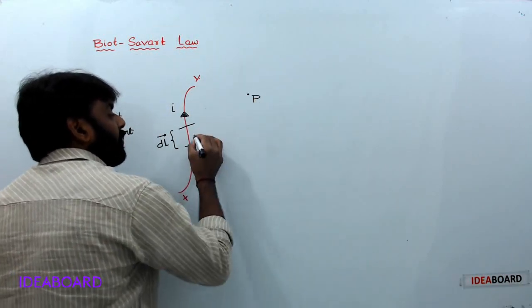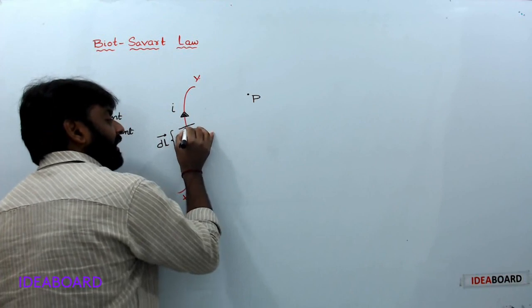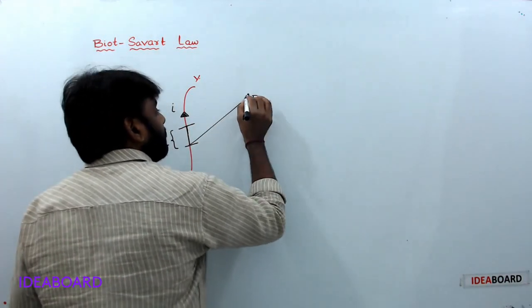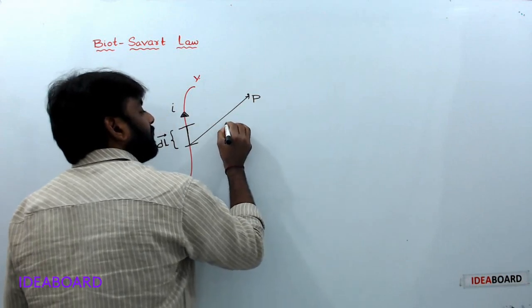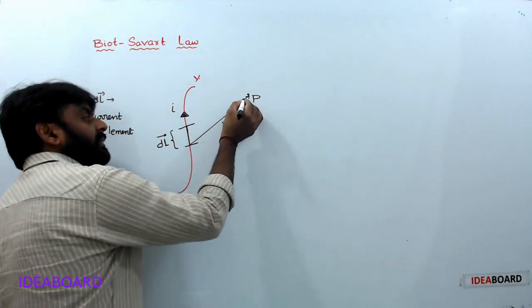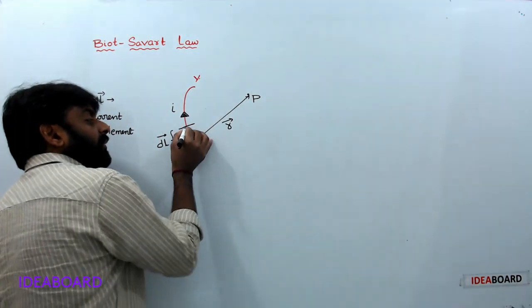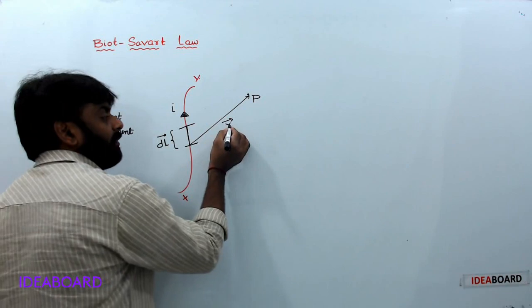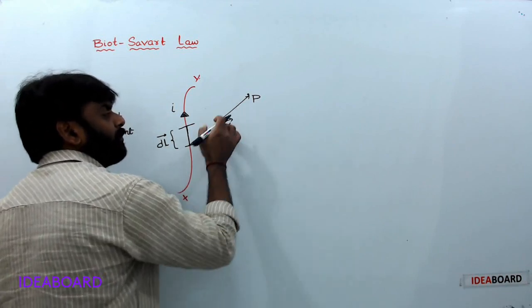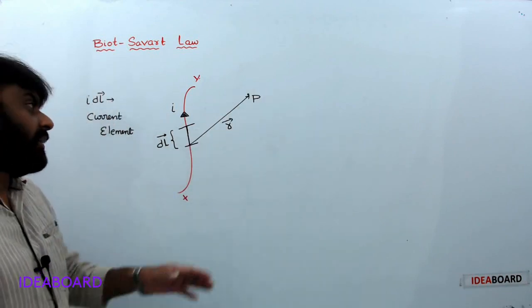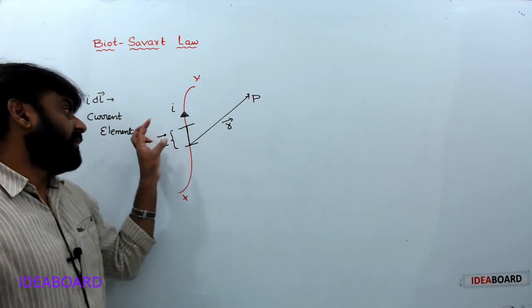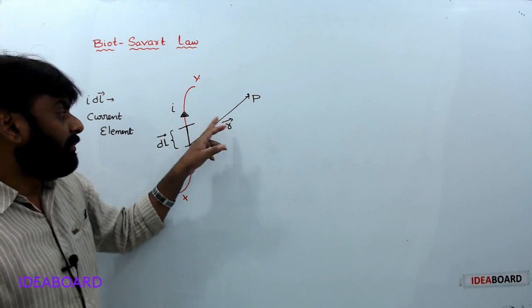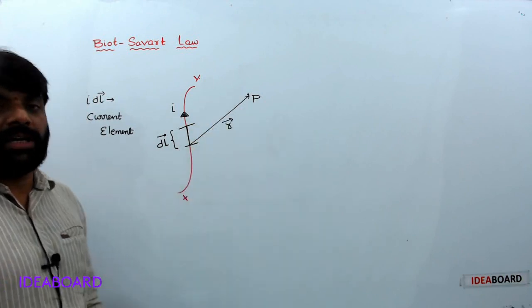This point's distance from this element is r. It is represented with r bar because it is a vector quantity, a position vector.